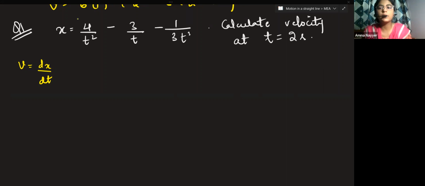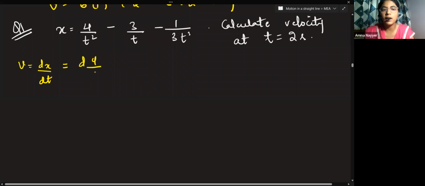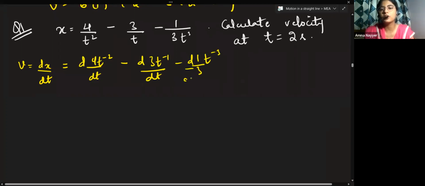Now see, v is equal to dx over dt. It means we have to differentiate each of these terms. First, let's make this term t to the power minus 2. Then this will become 3 t to the power minus 1, and this becomes 1 by 3 t to the power minus 3. We are differentiating each of these terms.